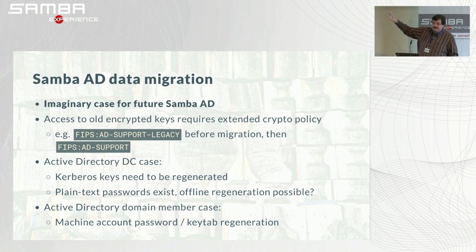Nobody really does use Samba AD in a FIPS environment at this moment. But if we would need to, we would need to do something with the data, right? If it was generated prior to FIPS 140-3. For example, somebody installed Samba AD in a 140-2 environment and they need to upgrade.